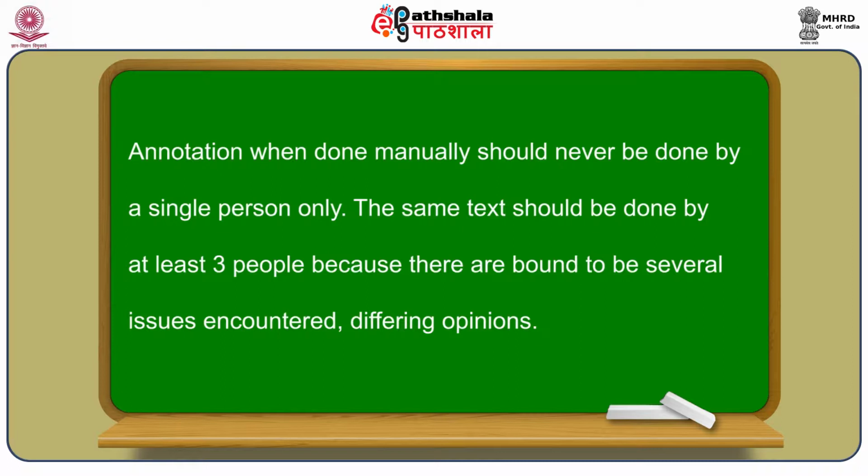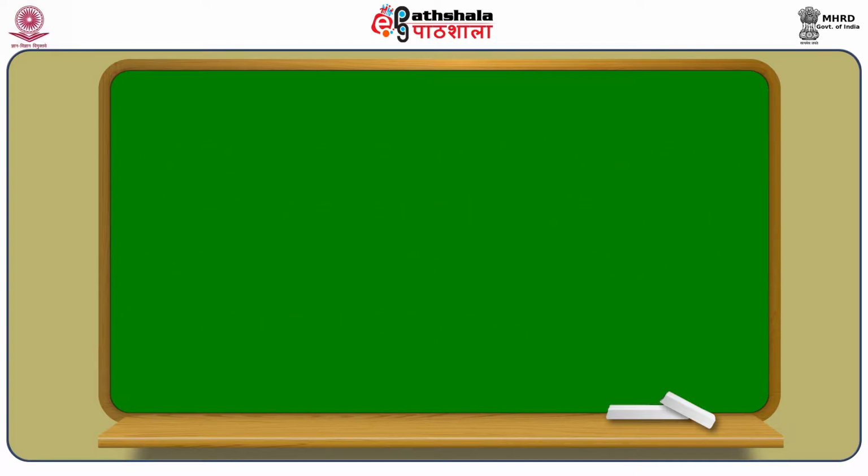So the advantage of having 3 annotators is that where 2 people agree together, we can go for a more acceptable annotation rather than the other way around. So we need a good system, we need digitized text as well as a large team of good linguists to do the tasks.